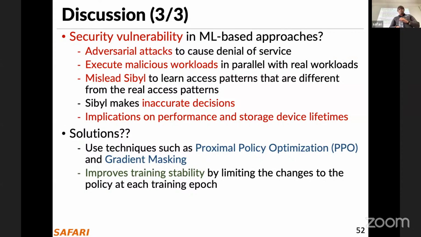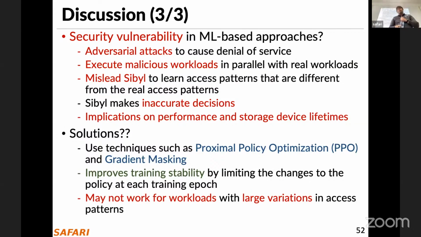But it's clearly not a good solution because this way you also make inaccurate decisions, or your policy doesn't really adapt to real workloads which have a very large variation in terms of access patterns. So these are some techniques that we could explore to make it more robust. But again, it's not something that can work in other workloads where there are large variations.